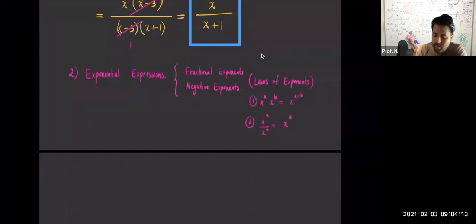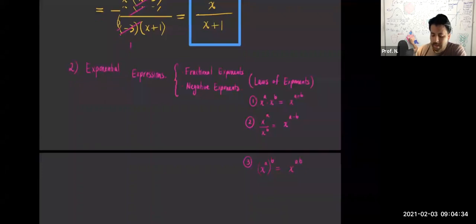You subtract the exponents. We also have the rule where we have x to the a raised to the b. When you have a power raised to a power, you multiply the exponents.